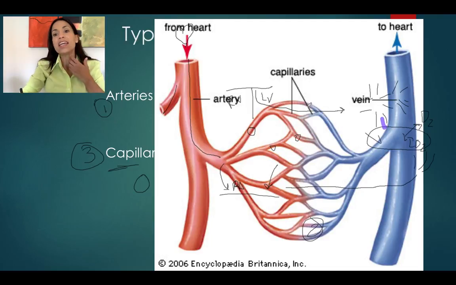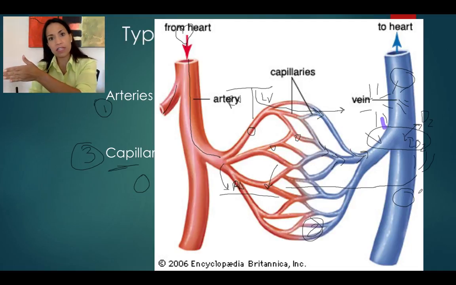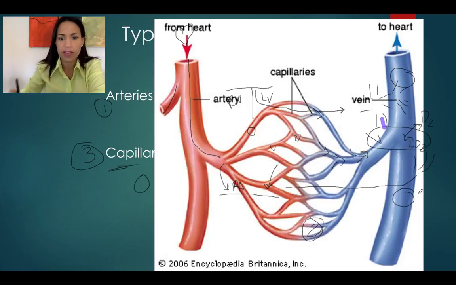As you can see, we have the capillaries right in between the smallest arteries and the smallest veins, and the veins, this is the direction, fuse together to form bigger and bigger veins, see? Until we form the veins that we know empty into the right atrium: the superior vena cava, inferior vena cava, and the coronary sinus. And the left atrium, the four pulmonary veins.